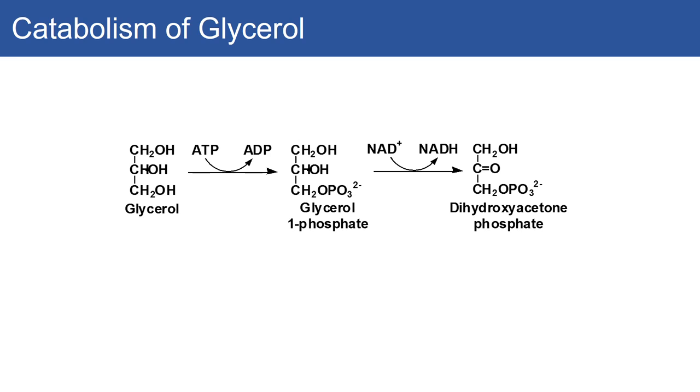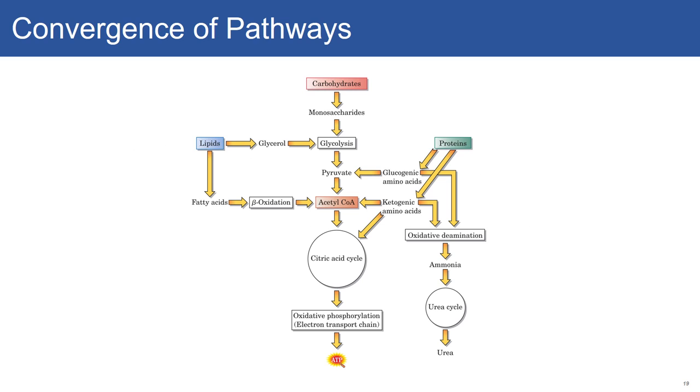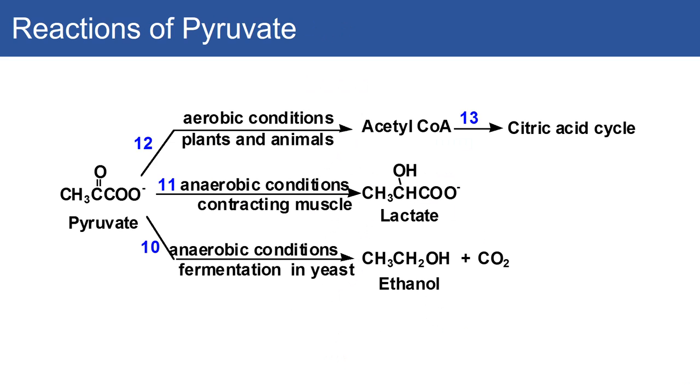We take glycerol, use energy to convert it to glycerol 1-phosphate, and then in another step we create dihydroxyacetone phosphate out of it. You can see how it's very similar to glycerol in this process. From there, it can feed into the pathway, so it can feed into glycolysis at that important step.